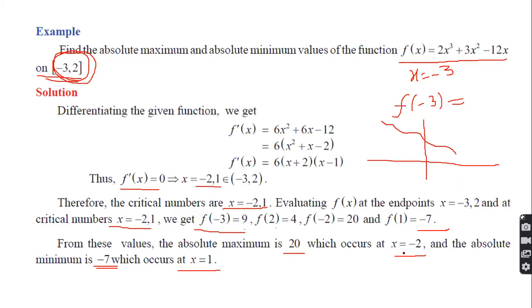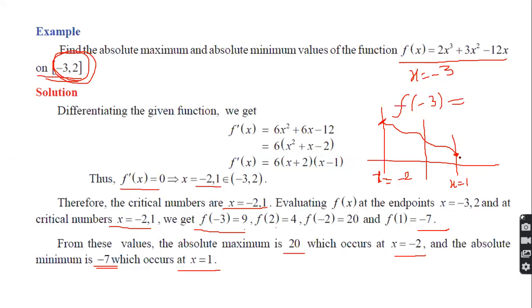See, approximately, when x equal to minus 2, it attains the maximum value of y. When x equal to plus 1, f of x attains the minimum value.